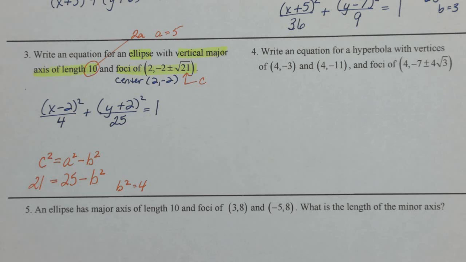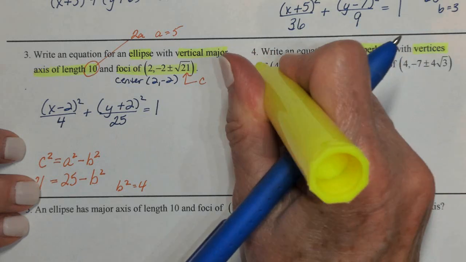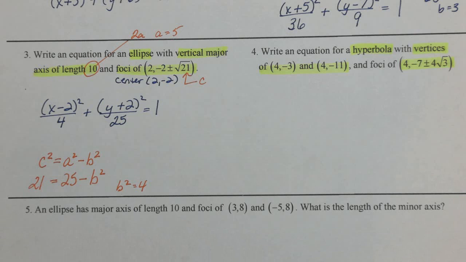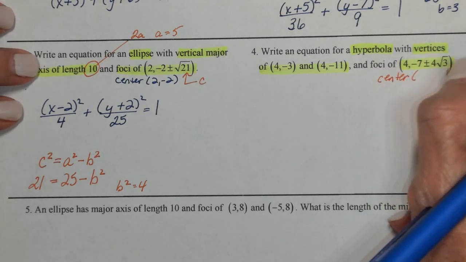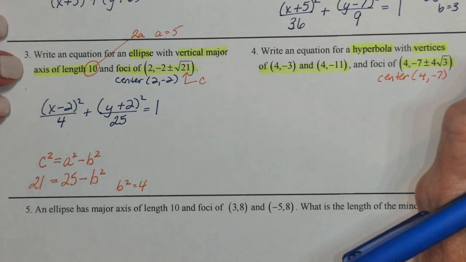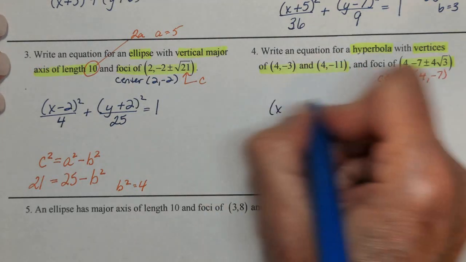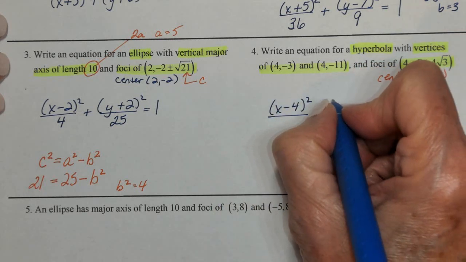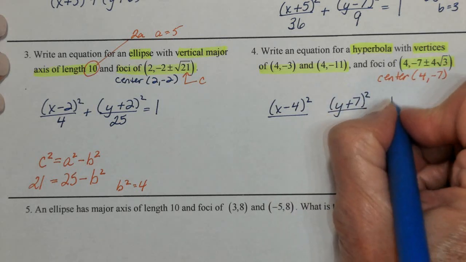Let's write the equation of a hyperbola. They give me the vertices and they give me the foci. Once again, I can easily pick out the center. When they give me the foci like this, the center has to be 4, -7. So I can write part of my equation, x minus 4 squared over something and y plus 7 squared over something is equal to 1.